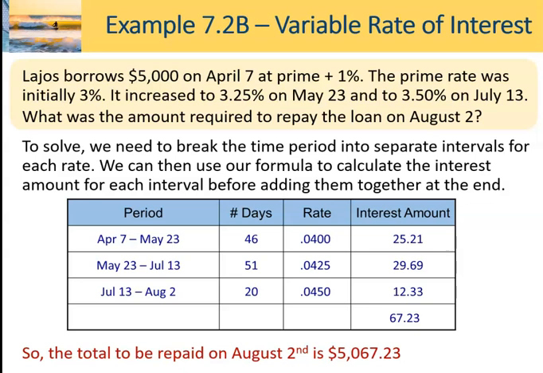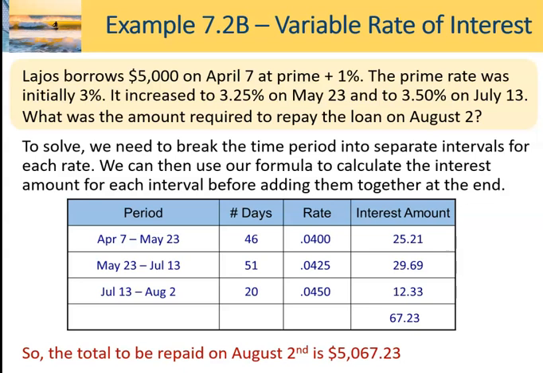It increased to 3.25% on May 23rd and to 3.5% on July 3rd. What was the amount required to repay the loan on August 2nd? So because the rate changed 3 times, you need to figure out how many days are in each period at what rate. Okay, so again, it was prime plus 1.